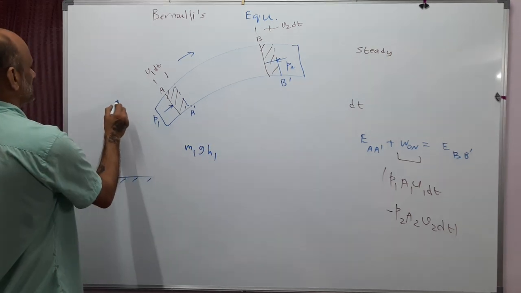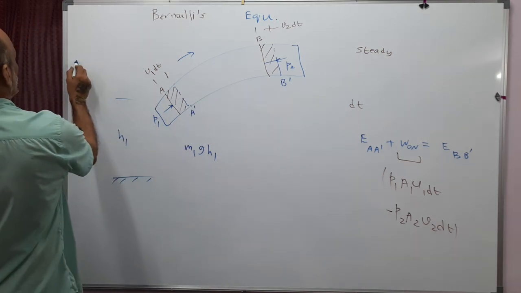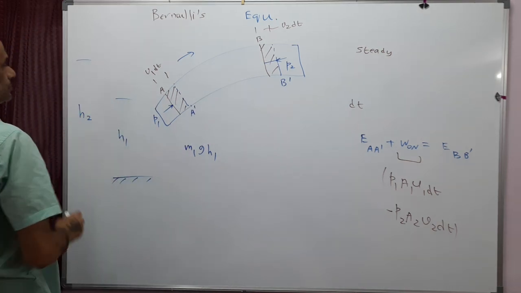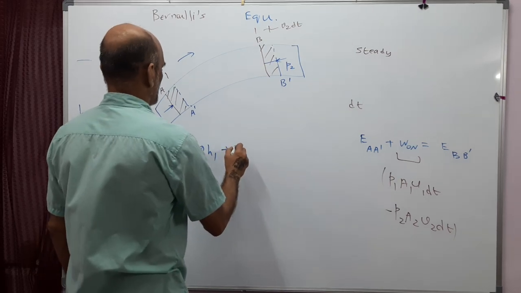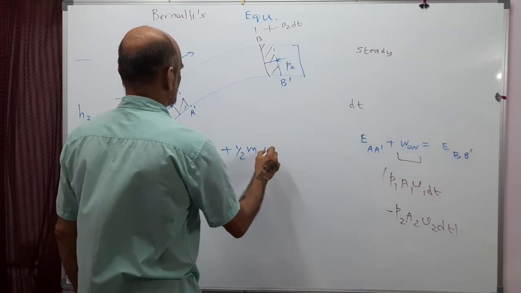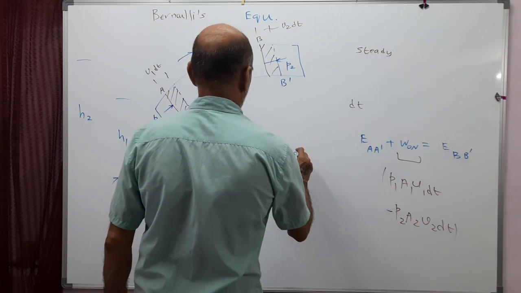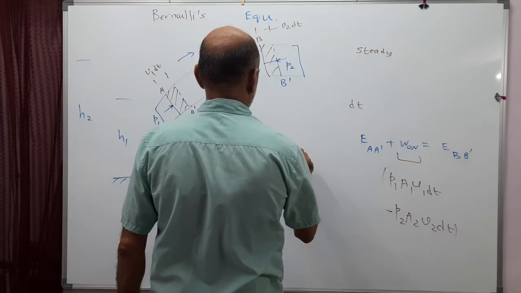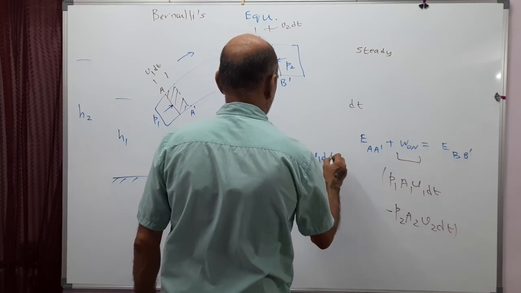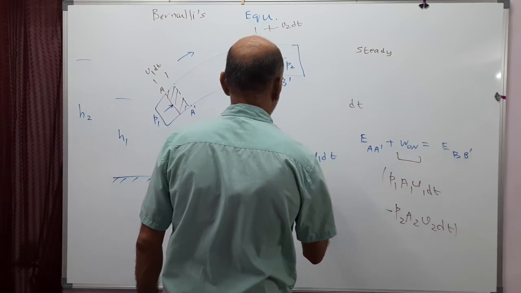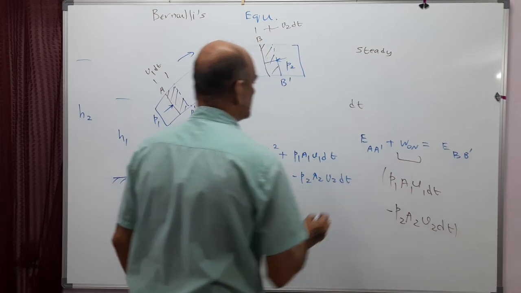Let this height be h1 from the earth's surface, and the height of this one be h2. So the energy of this one is m1 g h1 plus half m1 v1 square, plus this quantity p1 A1 v1 dt minus p2 A2 v2 dt.